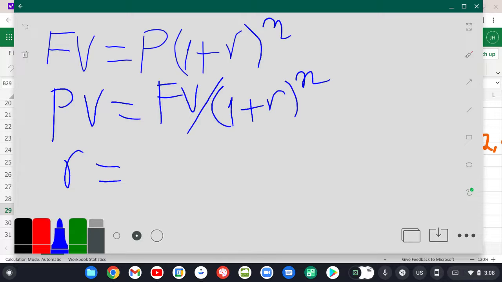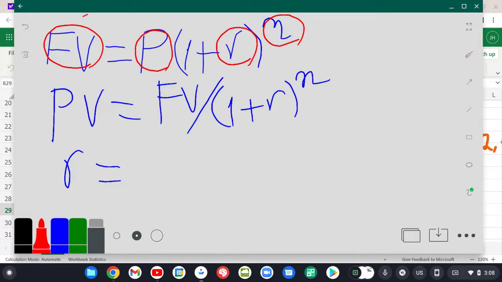Each of these variables can be the unknown. First, future value was the unknown, but then if principal is the unknown, the rest of them are known.